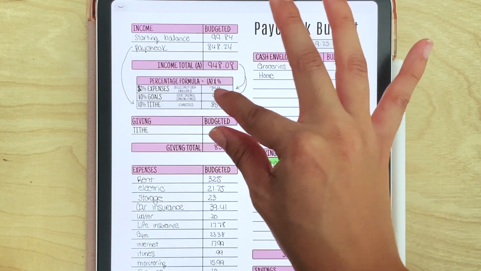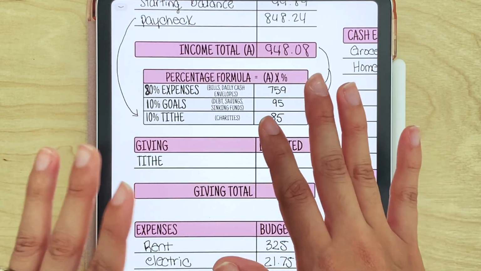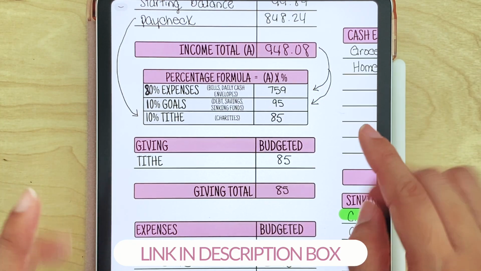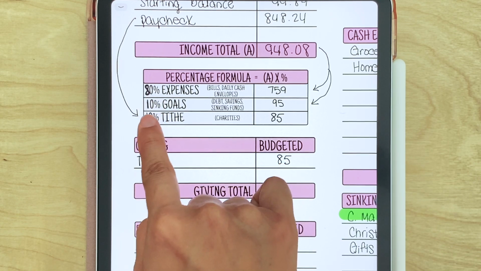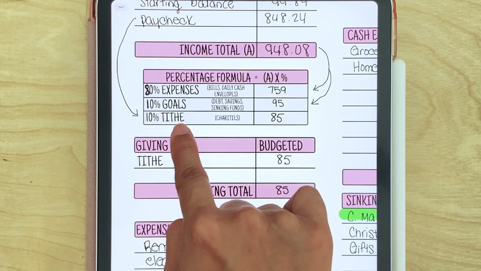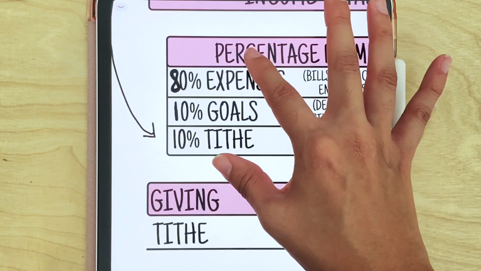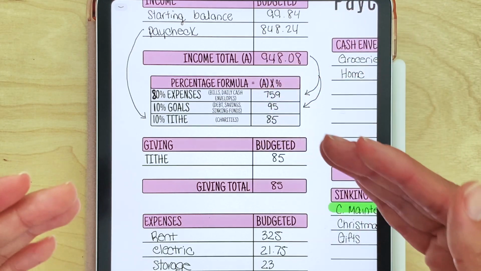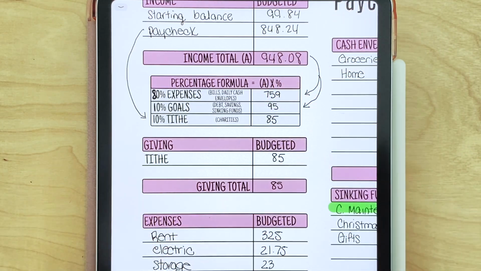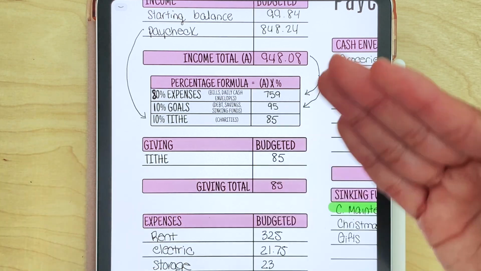Now, as you see right here, I have a percentage formula. This worksheet that I'm using is actually on my Etsy shop if you're interested, but it automatically has a 70%, a 20%, and a 10% here for these particular categories. Now, what I did, I just adjusted it because with this income, I know it is going to be very difficult for us to be within that 70% for our spending, our expenses.